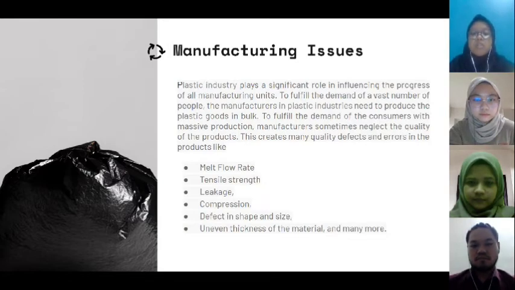Manufacturers sometimes neglect the quality of the product. This creates many quality defects and errors in the product like melt flow rate, tensile strength, shrinkage, compression, defects in shape and size, uneven thickness of the materials, and many more.